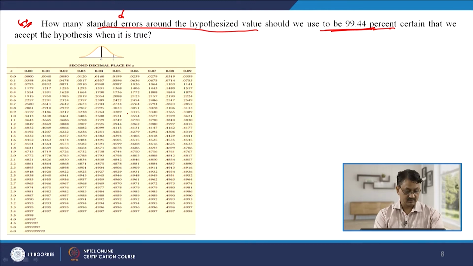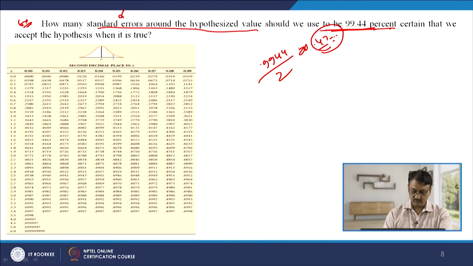So, for this you would require the Z table. In fact, you can do it like this: 0.9944 divided by 2, right. So, some 0.47, something like that. Now, look at that area in this table. 0.47 is somewhere here. The exact value you need to look at, in fact, is 2.77.